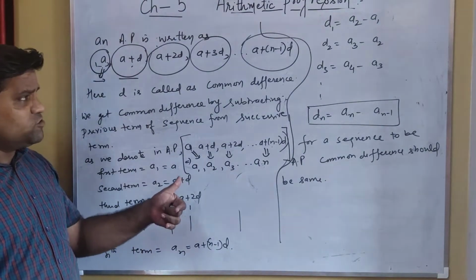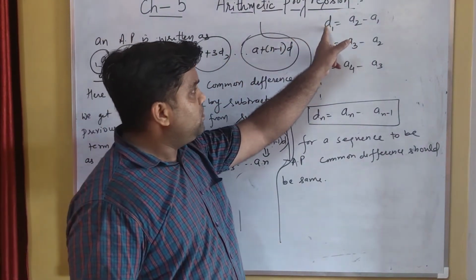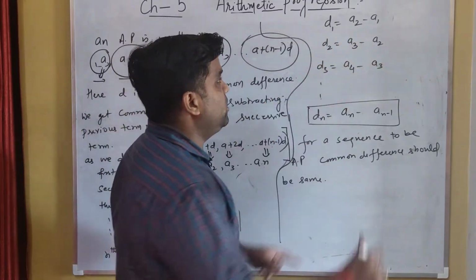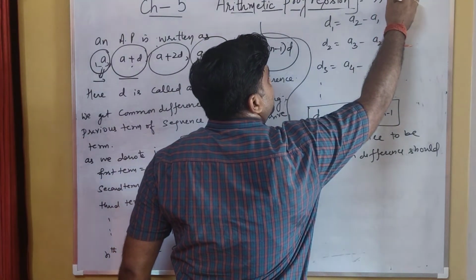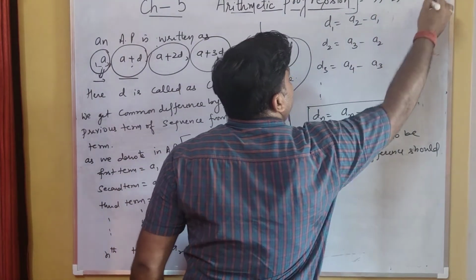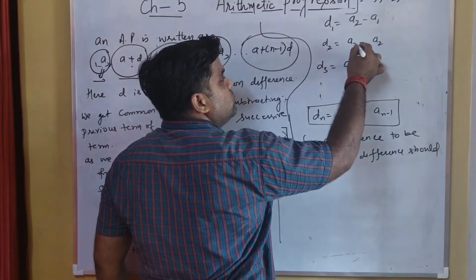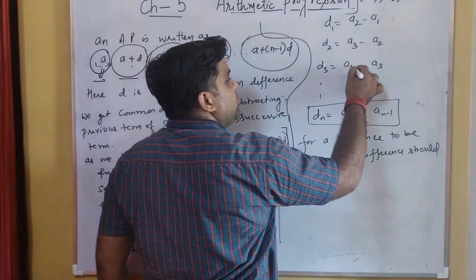If there is a little bit of confusion, there will be no confusion. I have written here how to get the common difference. d1 is equal to, here we know that our AP is simply written as a1, a2 and up to an. So if we subtract a2 minus a1, d2 we find as a3 minus a2, d3 as a4 minus a3.